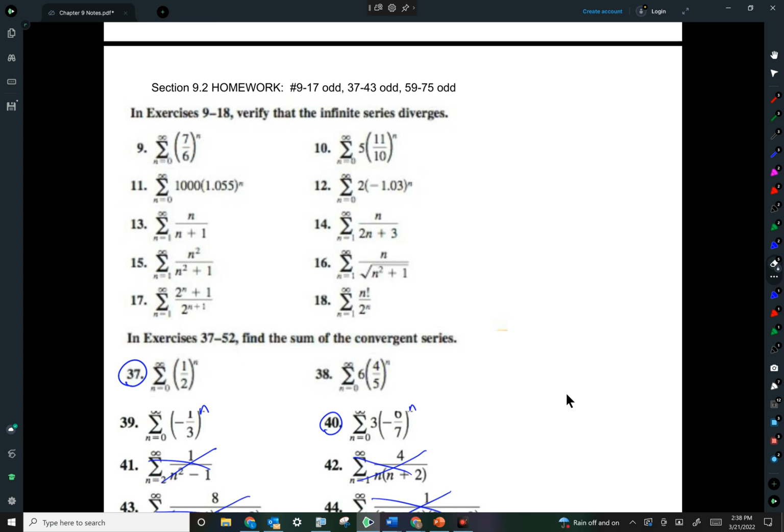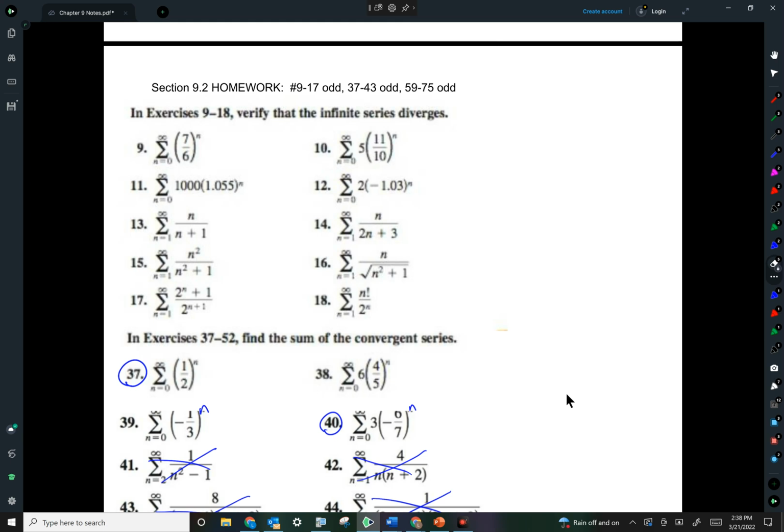If you're going to say your reasoning is nth term test, then your answer has to be diverge, right? Because that's all that it'll tell us. Are you guys doing okay on 13 and 15?